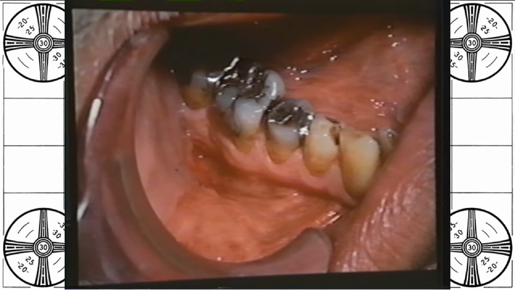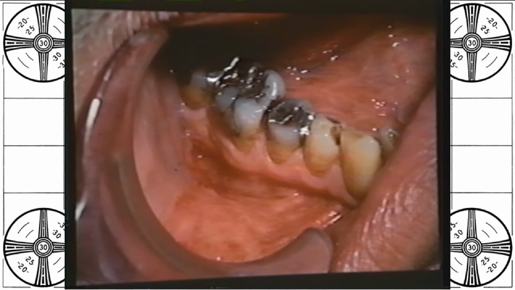He then tried to get her back, but she didn't return. By the time she did return, a year later, it was a large fungating invasive squamous cell carcinoma with metastasis to 6 cervical chain lymph nodes. We had to do a hemimandibulectomy and ultimately, unfortunately, lost the patient.